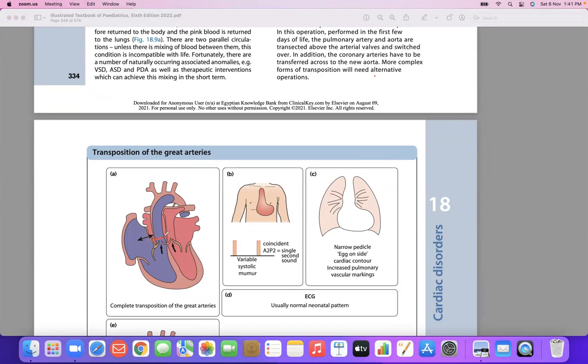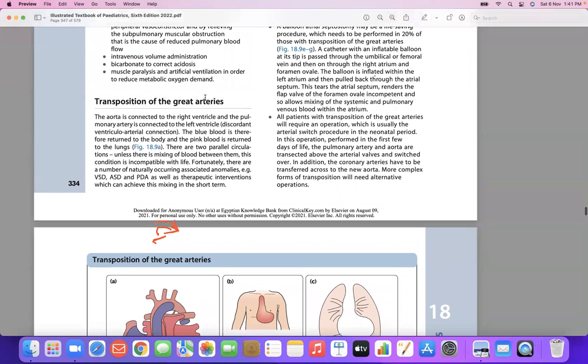Just above the valves, they will be cut and transposed to their positions. This will come here and this will go there. This is the arterial switch operation. The coronary arteries should also be taken care of, as they have to be transferred across to the new aorta.